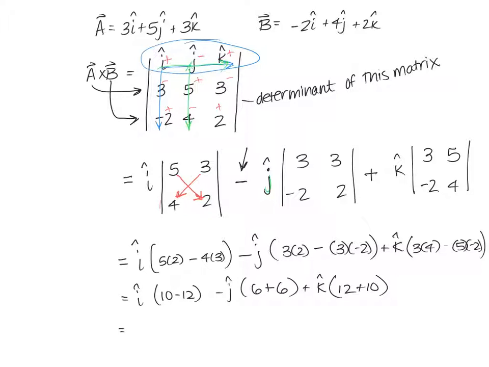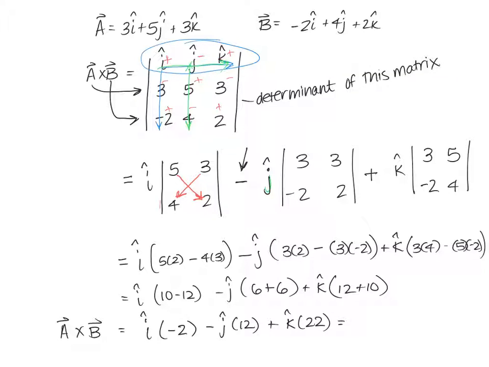And so our final answer is, in the x direction, the component of A cross B, the x component is minus 2, and then in the y direction, we have minus 12, and in the z direction, we have 22.